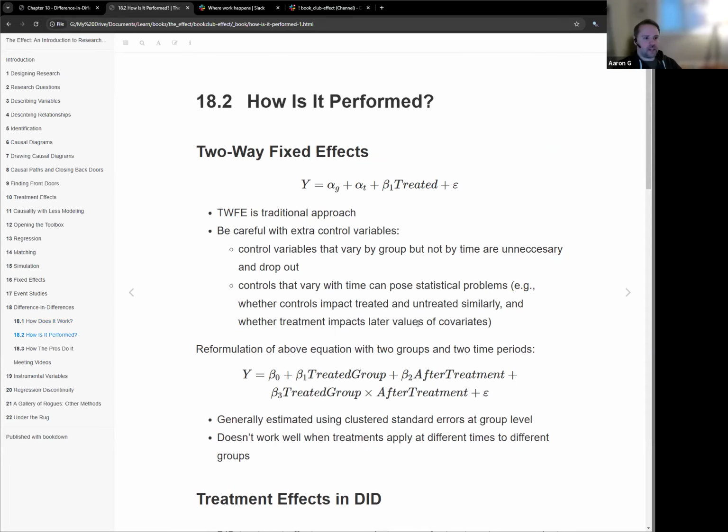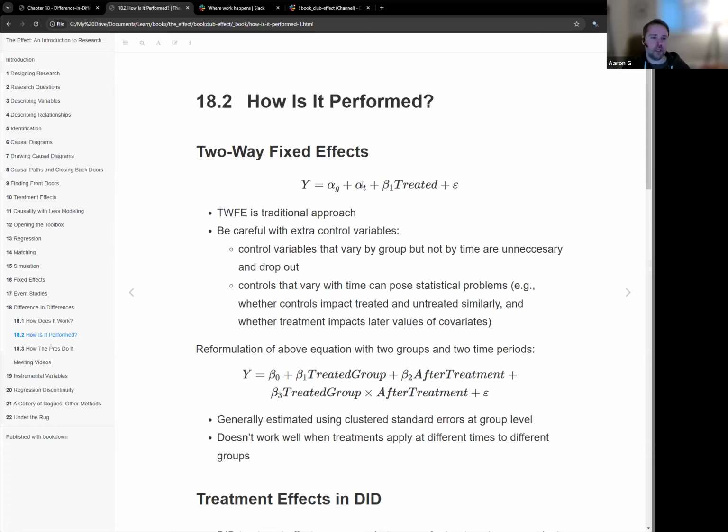All right, so next section is how do we perform DID? Generally, it's in the form of a regression. And in a simple case, what you can do is a two-way fixed effects model. We covered that a couple sessions ago. And so what you could do is have a fixed effect for the group, right?